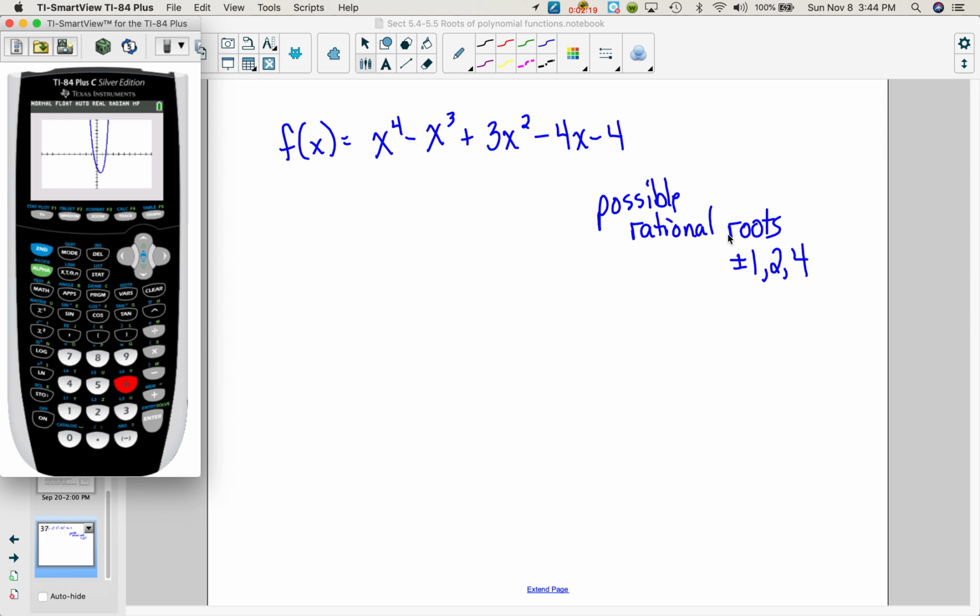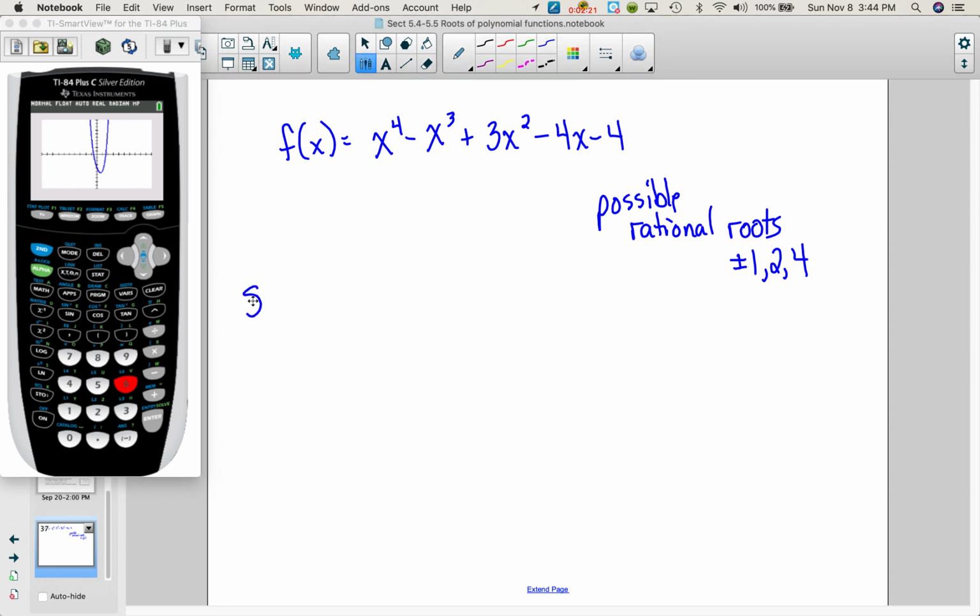But we do. So suppose you're told, suppose you know that 2i is a root. Okay, well, we can actually do synthetic division even if we have an imaginary number.